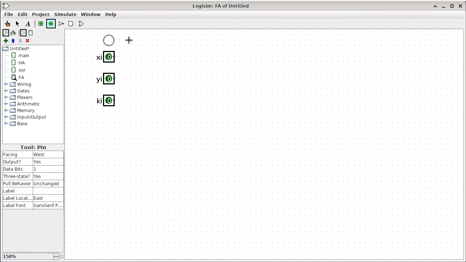For an adder, we have the sum bit, si. And also we have the carry to the next digit. So this is what we call our ki plus 1. So that's the interface to a full adder. We got 3 input pins and 2 output pins.